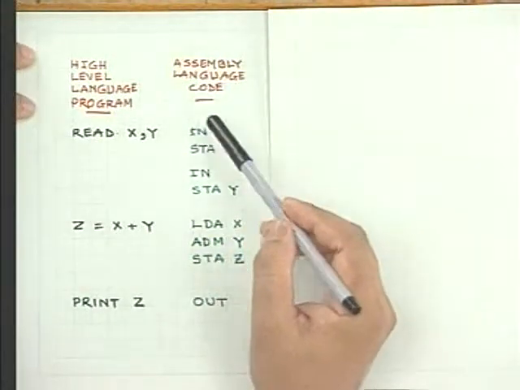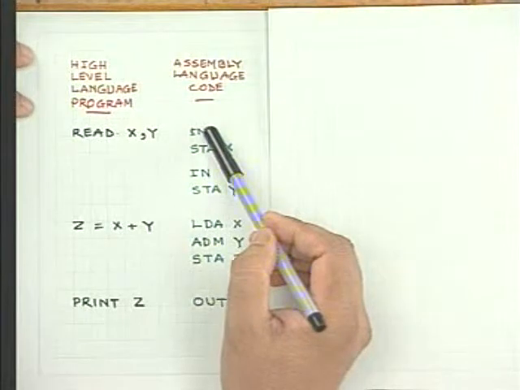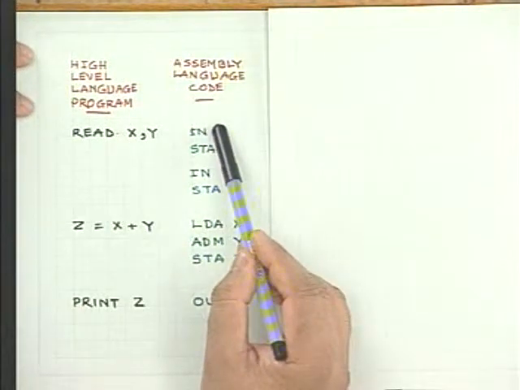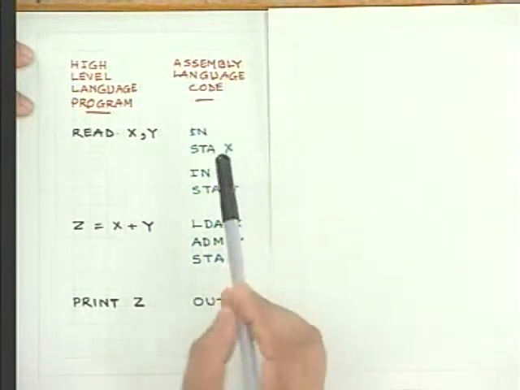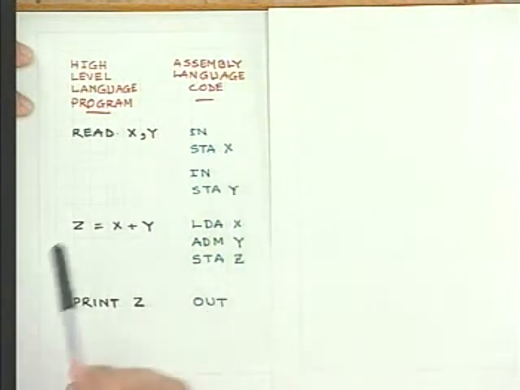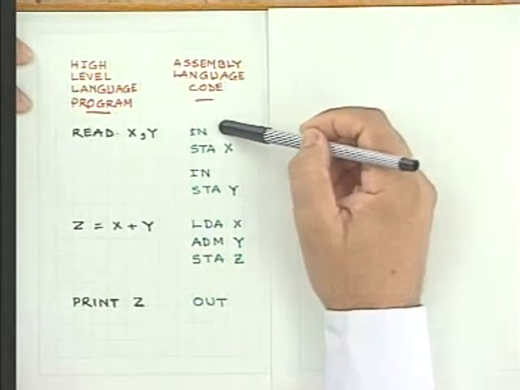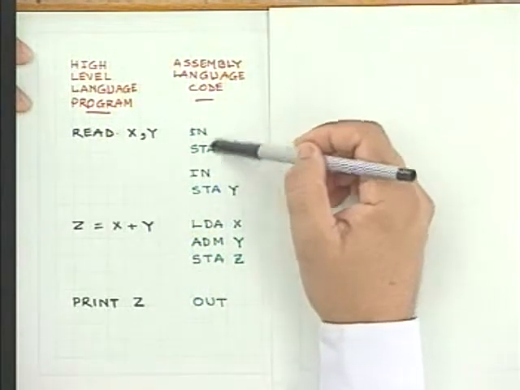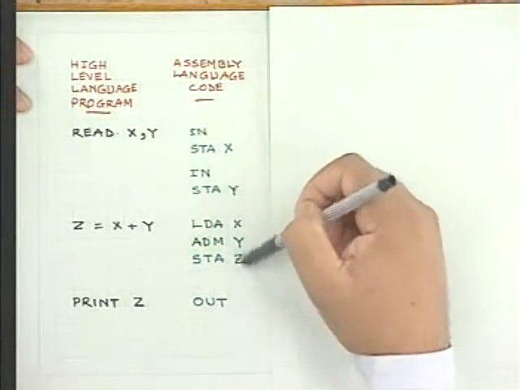That means it has an accumulator where if I input something, it comes directly into that accumulator. And if I want to store something from the accumulator, I can use an instruction like store accumulator x. I have also assumed that whenever I'm inputting, a word consisting of 2 bytes is inputted. That means the variable x consists of 2 bytes. But that's not always the picture; these are some simplifying assumptions I have made.